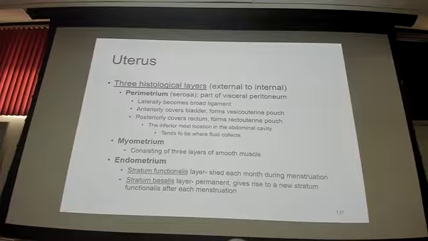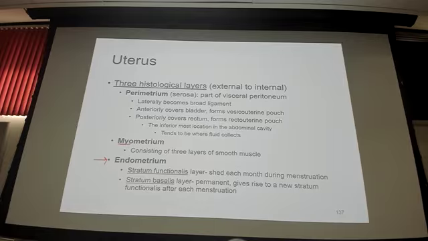Layers, histologically, again: perimetrium is the outside, then the myometrium, muscle, as you can imagine, layers of smooth muscle. This has a huge role in contraction and getting the baby out, expulsion of the fetus. And then the endometrium. Many of you are probably familiar with the term endometriosis. The endometrium is the inner lining of the uterine cavity, with two different layers.